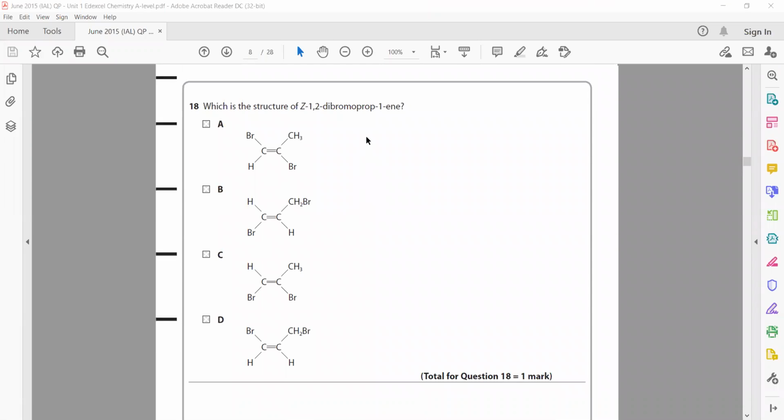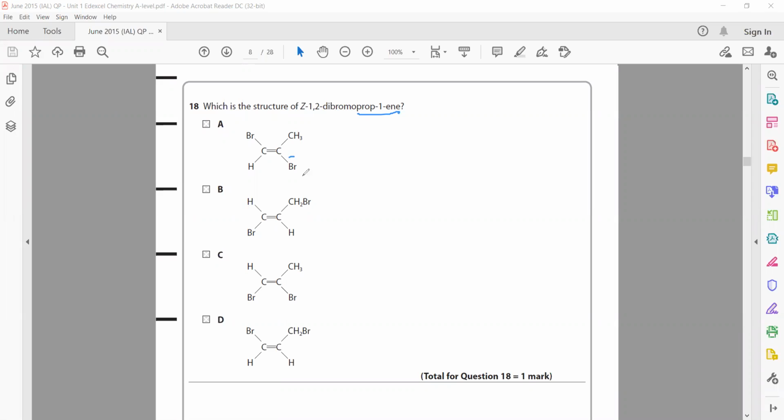Which of these structures is Z-1,2-dibromopropene? When we check for Z, the heavy groups are attached on the same side, and it should be propene. Propene means the double bond is at the first carbon, here prop-1-ene.